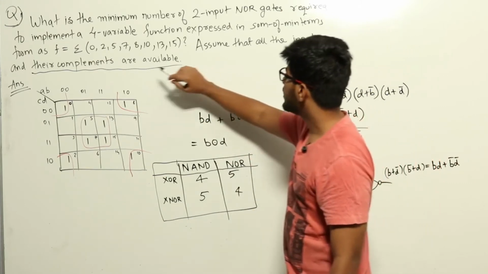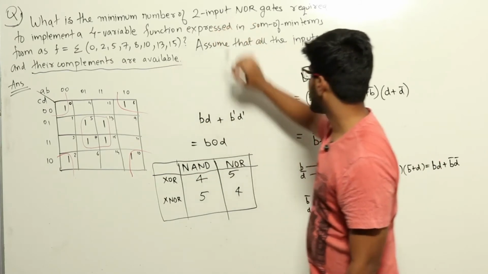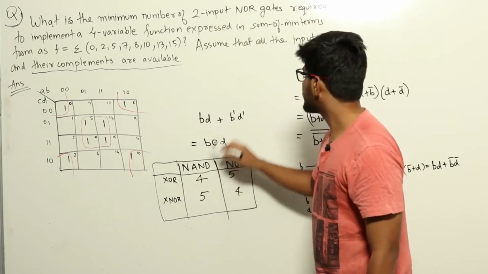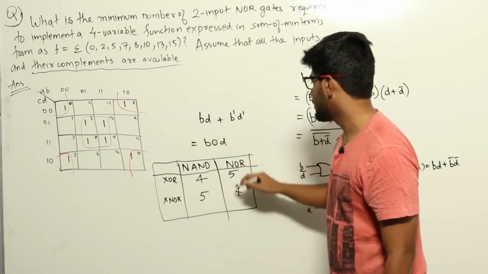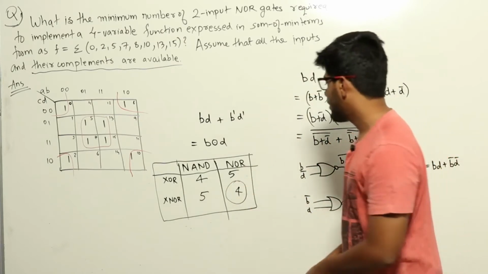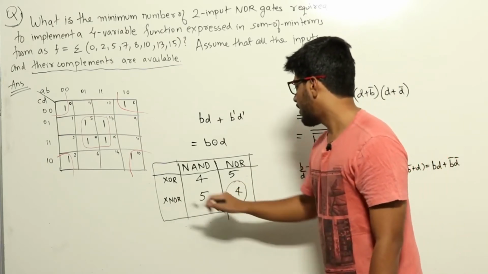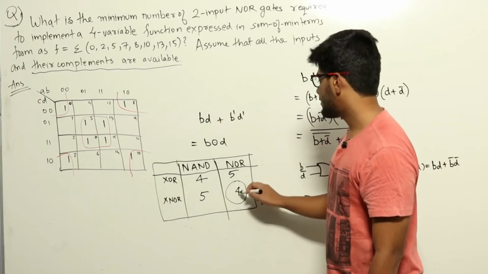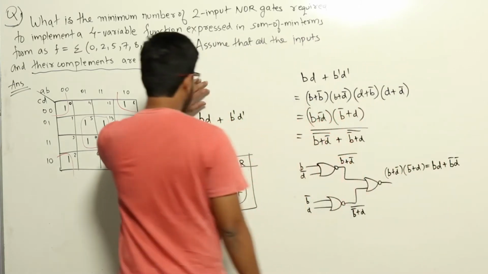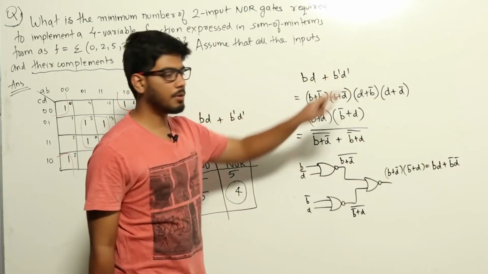So this is XNOR realization using NOR gates. Normally it will take 4, but in our case, since complements are also available, let us see if we can reduce it from 4 further down. So the expression is BD plus B complement D complement.